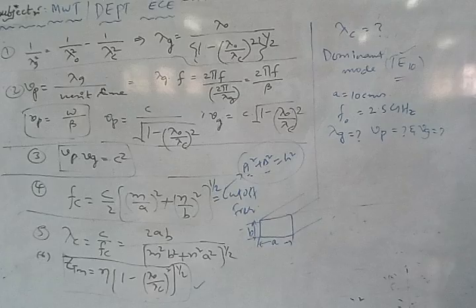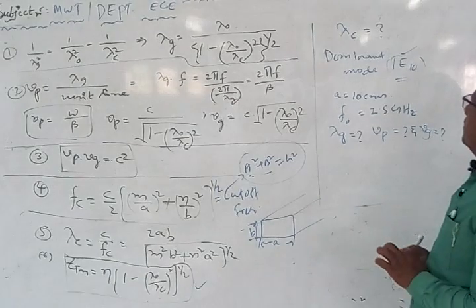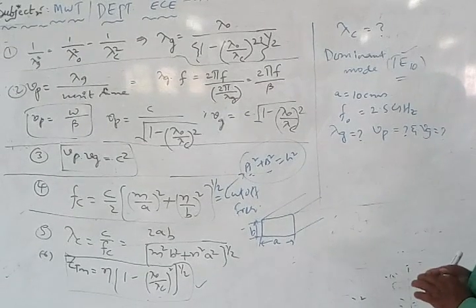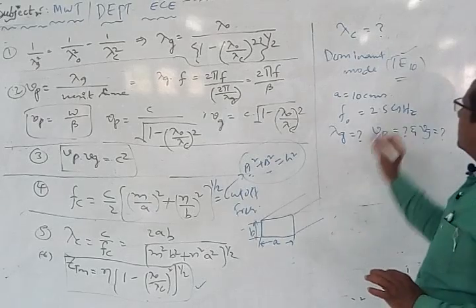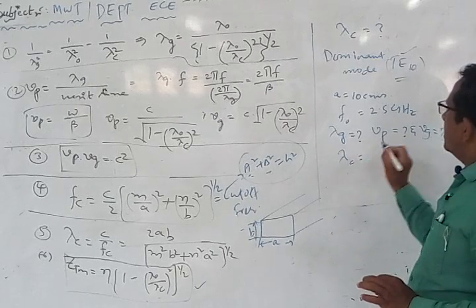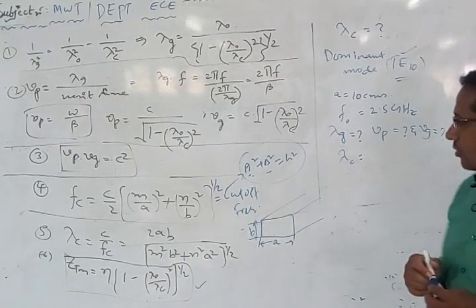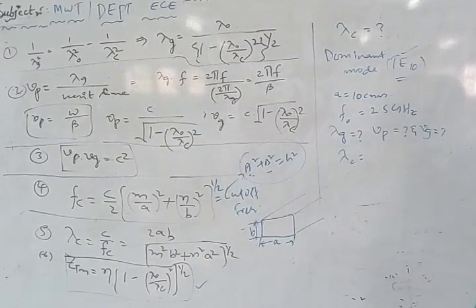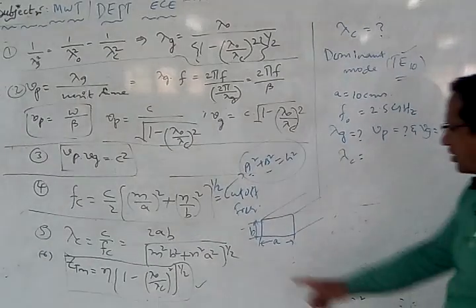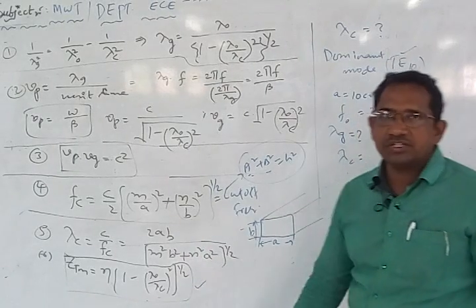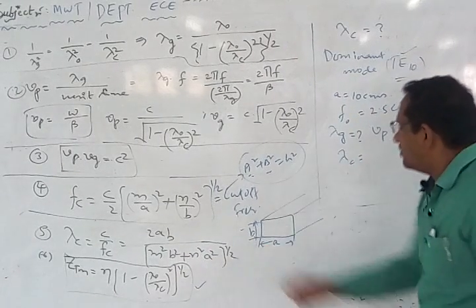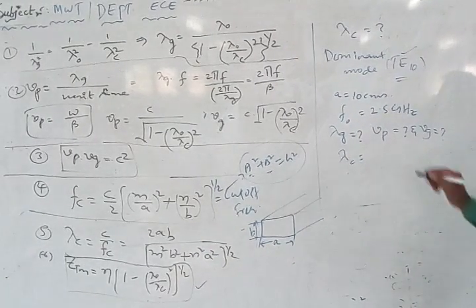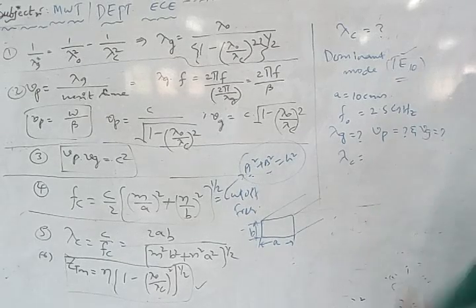Now what is lambda c in a dominant mode? Already we have the equation for lambda c. See, this is the equation: lambda c is equal to 2ab by under root of m square b square plus n square a square. In this formula we substitute the dominant mode parameters.